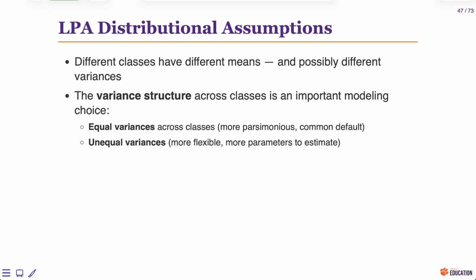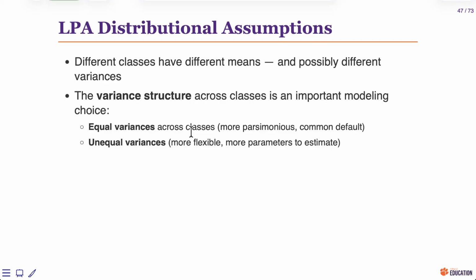And because normal distributions get a little wonky, particularly in estimating variances, you'll see in latent profile analyses a lot of different ways of estimating them such that the variances have constraints put on them. So we might start an analysis where we assume equal variances across classes. And that's because when you get a class that has a small number of people in it, that's like estimating a variance with a small number of people. It's very difficult.